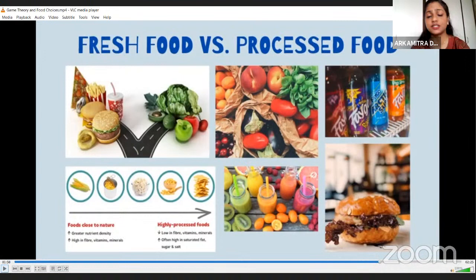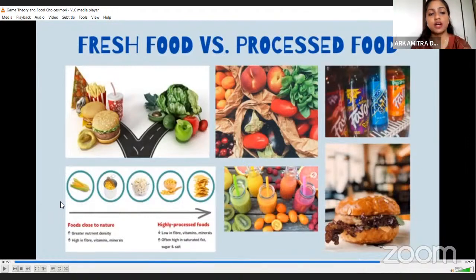Many of these UPFs contain palm oil and soy oil. In the first session, you did look at the effects of palm oil, why we need to be a little concerned about it. And UPFs also use extensive packaging, which is a major source of environmental waste pollution. And the packaging is mostly not very environment friendly.